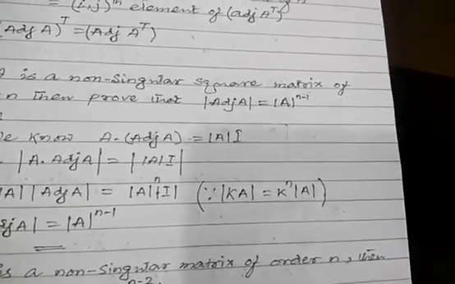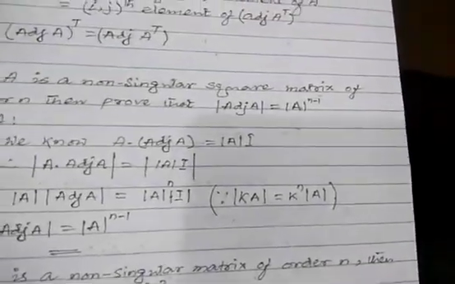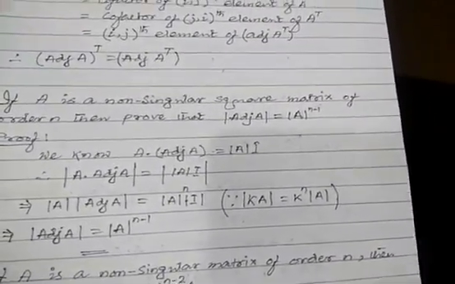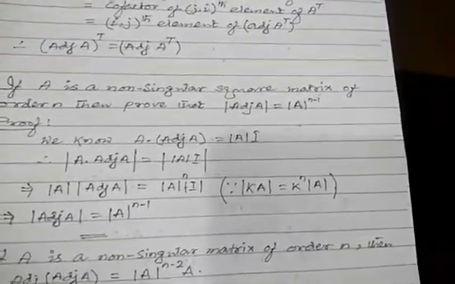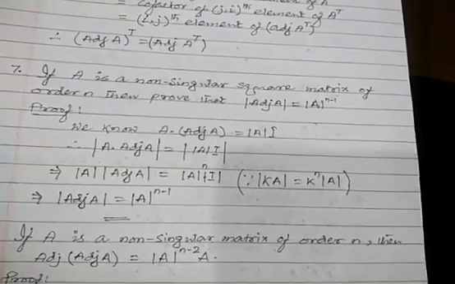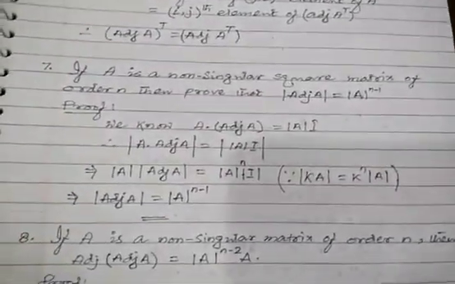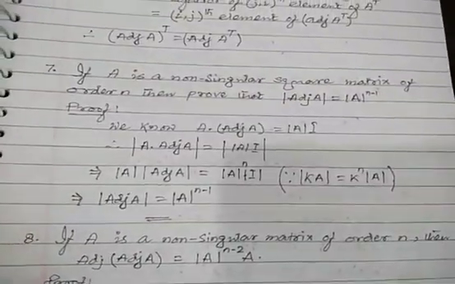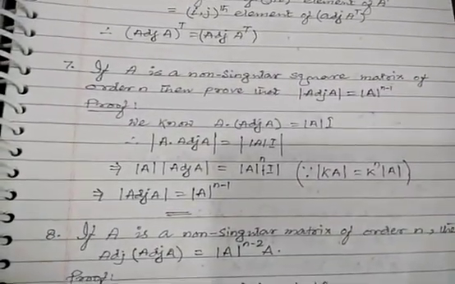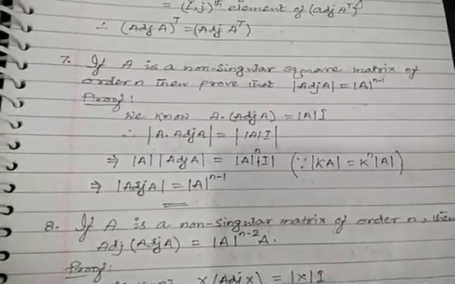So every row has a common factor determinant A, and you will get determinant A to the power n into determinant I. Because we also know a property: the determinant value of k into A is equal to k to the power n into determinant A. Now determinant of adjoint A is equal to determinant A to the power n divided by determinant A, which is equal to determinant A to the power n minus 1.